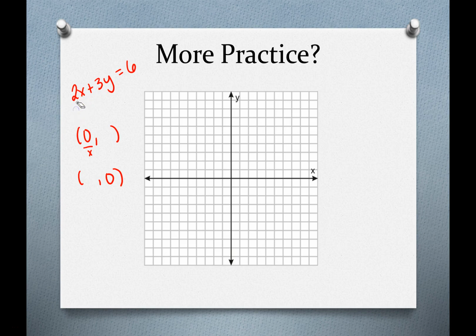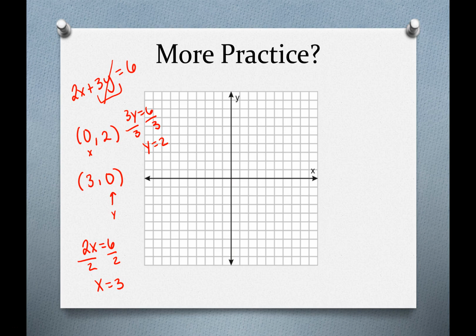I'm left with just 3y equals 6, divide by 3, that's y equals 2. So I've got my x and I've got my y. Now I've got to set my y to be 0. If I set my y to be 0, that's going to be 2x equals 6, because this disappears, it's gone. And if I divide by 2, I get x equals 3.